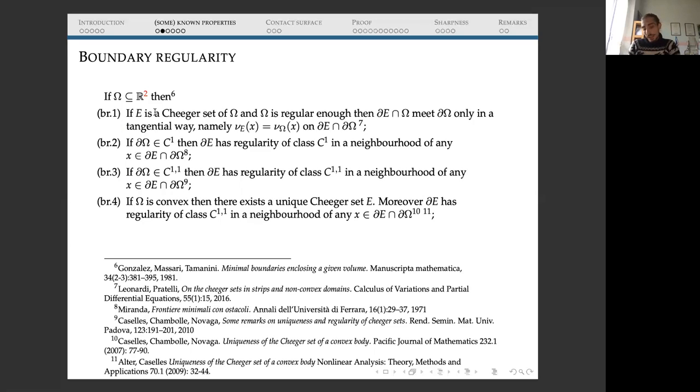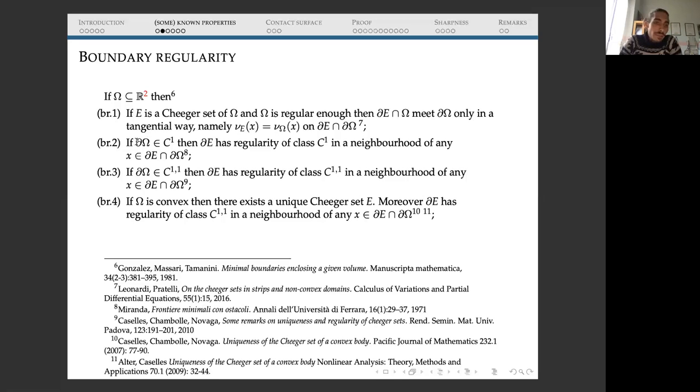Which means in particular that if you look at the outer unit normal of the Cheeger set, it will become parallel to the outer unit normal of the ambient space at the contact point. Moreover, you have some additional mild regularity on the boundary of the Cheeger set around the contact point.